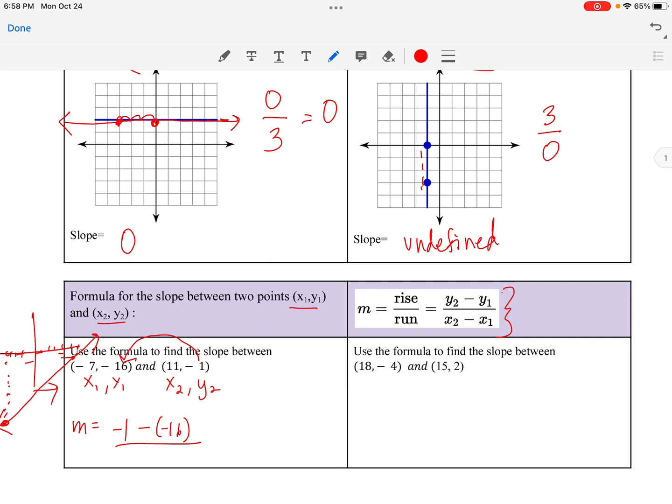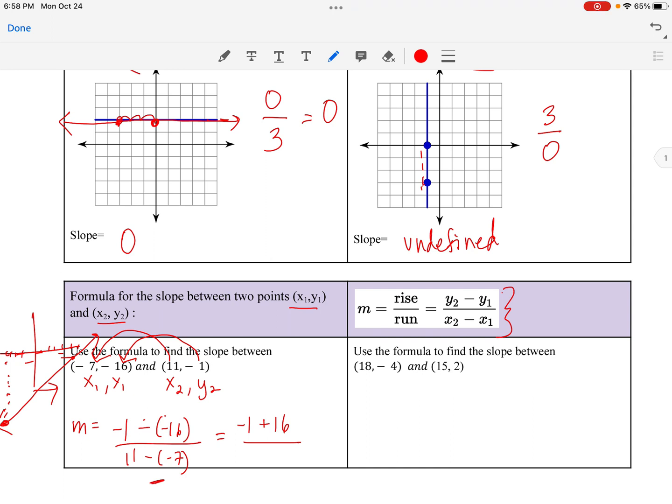The bottom of my fraction is going to be x2, and I have to go the same direction in terms of subtracting. I have to go 11 minus -7. Okay, so the top is going to be -1. Now remember, when I have minus a negative number, those two negatives next to each other become plus.